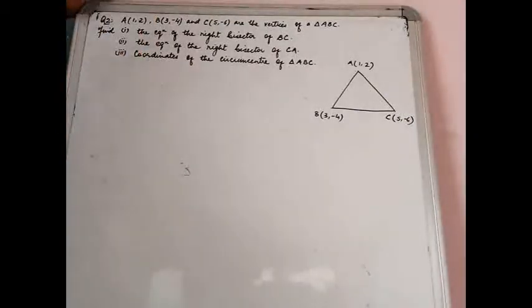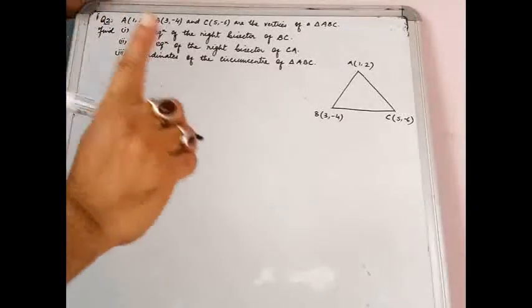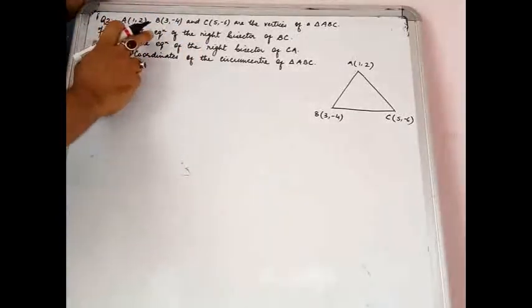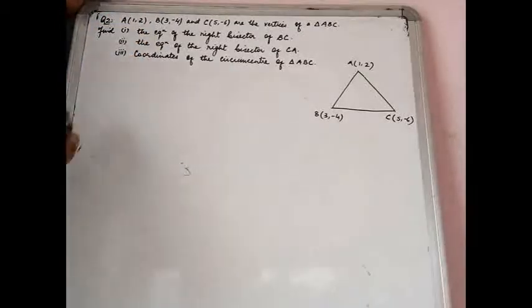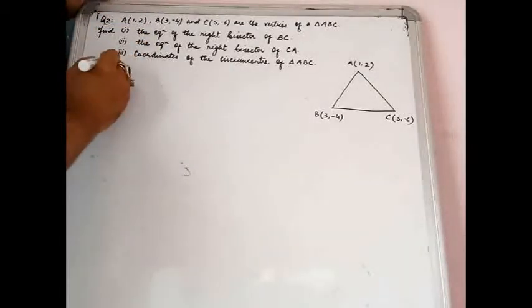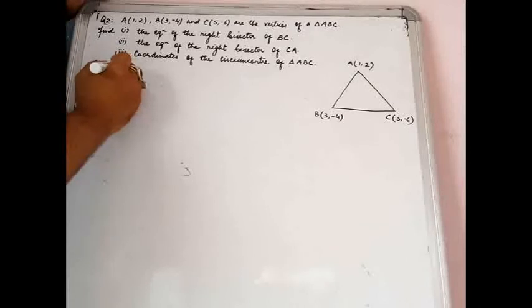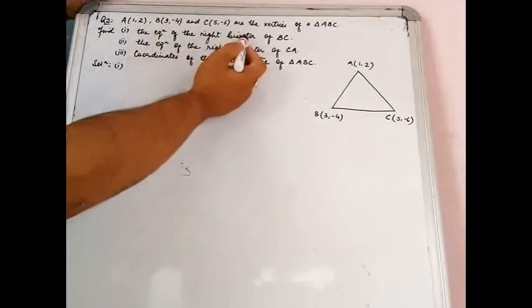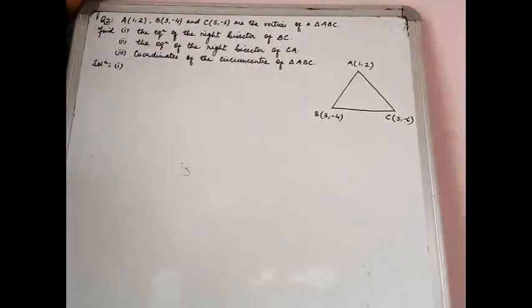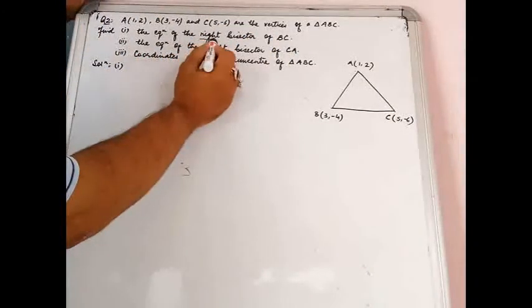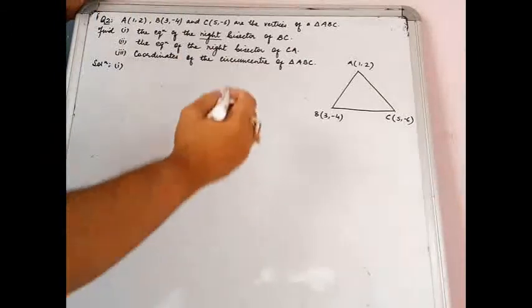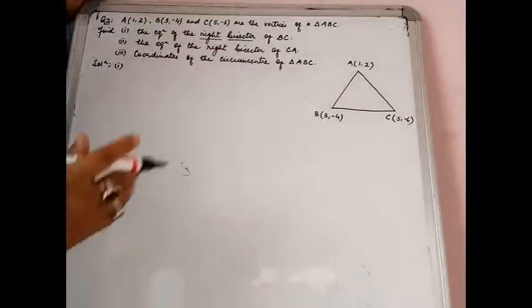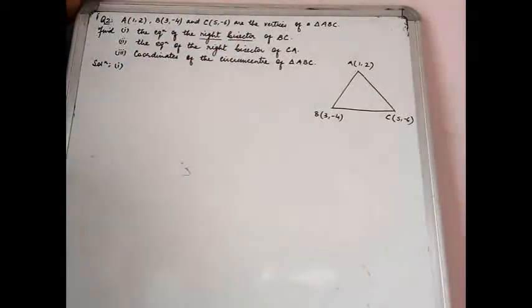Find number 1, the equation of the right bisector of BC. If you see the first two parts, they are related to finding the equation of the line. Now what do you mean by right bisector? Right means perpendicular, and bisector, everyone knows, divides the line into two equal parts.